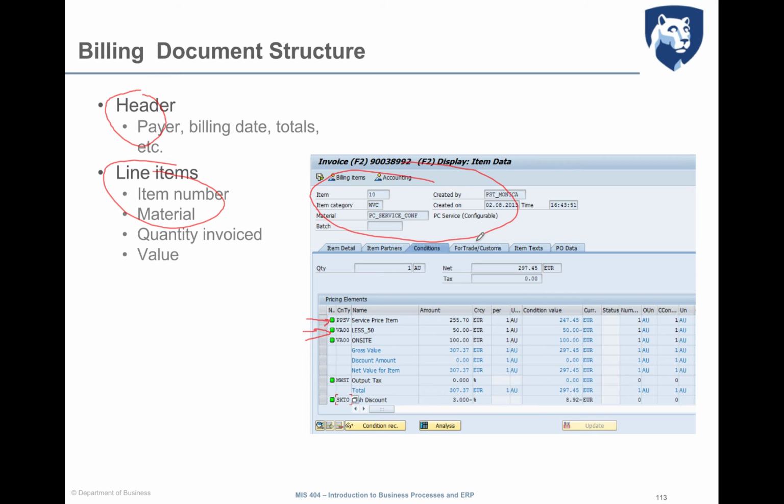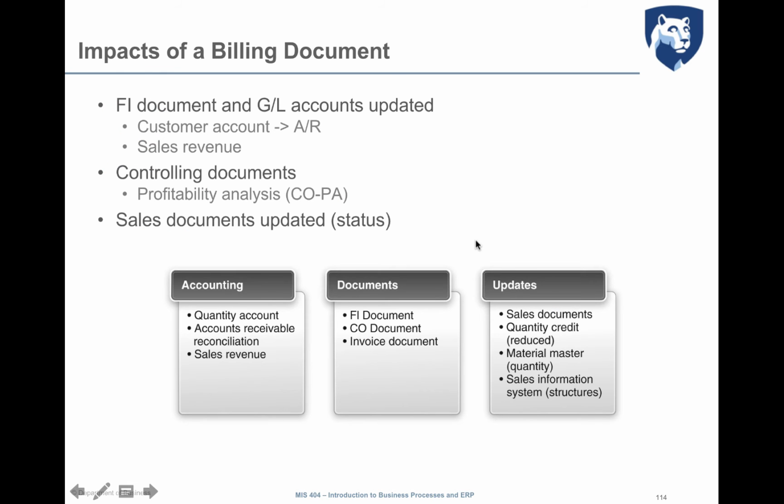Again, billing has an impact on accounting activities because when you bill your customer, or you are crediting or debiting your customer with some other documents, you are committing the customer to pay something.